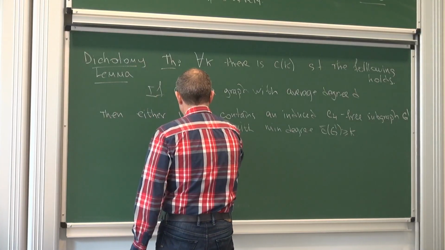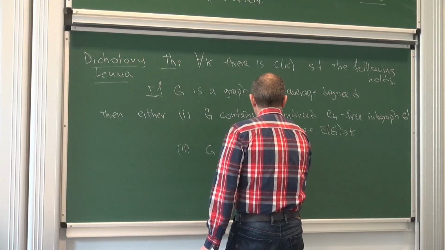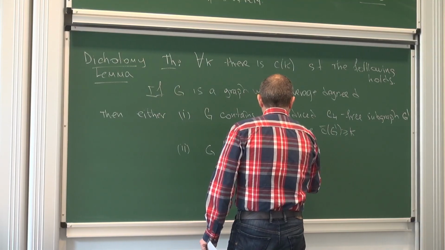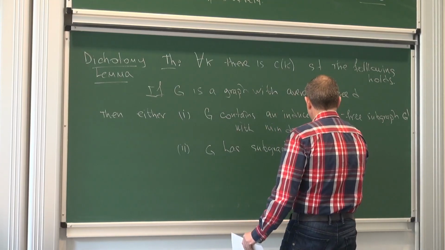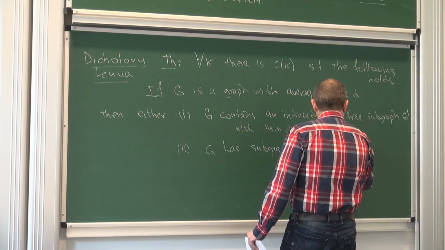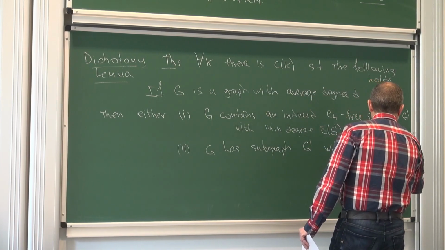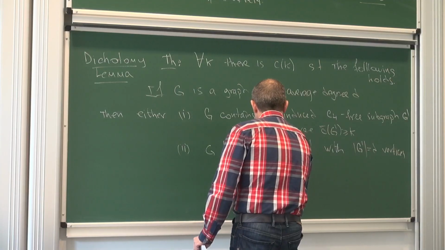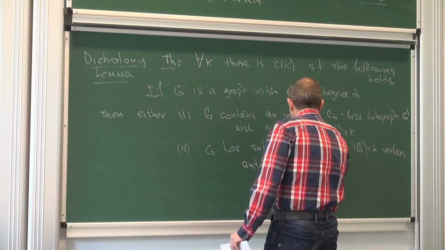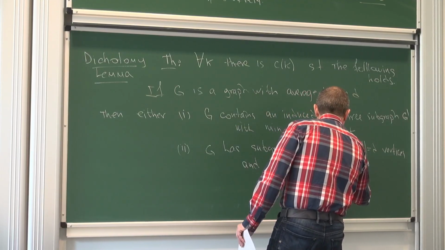Or G has a subgraph G prime with d vertices, and the number of edges of G prime is at least c times d squared.